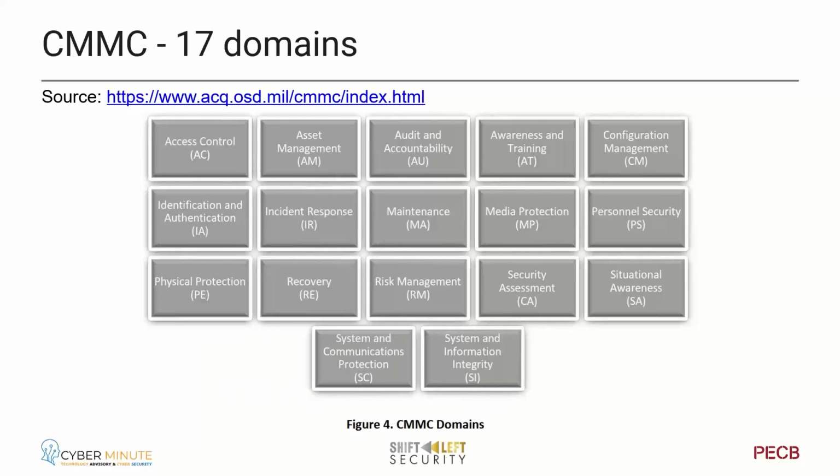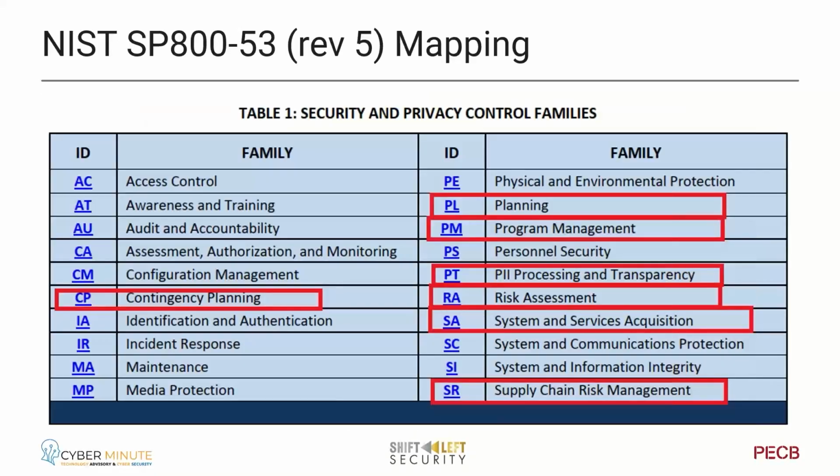You will find in the guide 17 domains, and if you compare it to the previous sessions, where we discussed the SP 800-53 revision 5, freshly published, you will quickly see that there's quite an important overlap, but still the CMMC is mainly focusing on cyber.